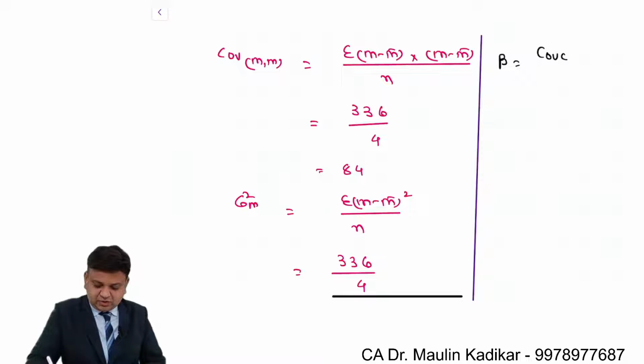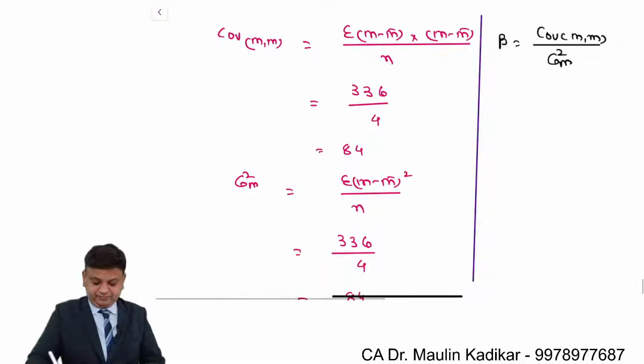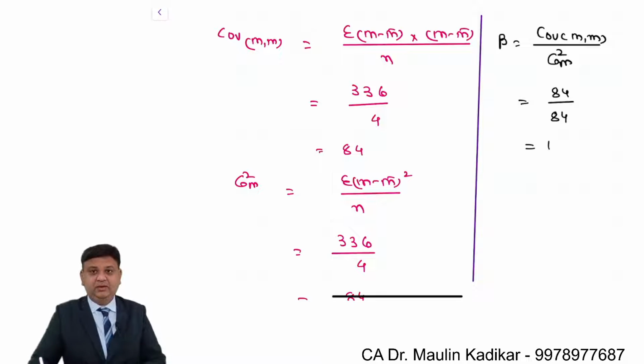Beta is covariance of market with market divided by variance of the market portfolio. So it is 84 upon 84. That comes to 1. This is the way the beta can be found.